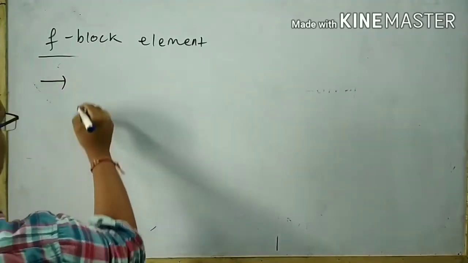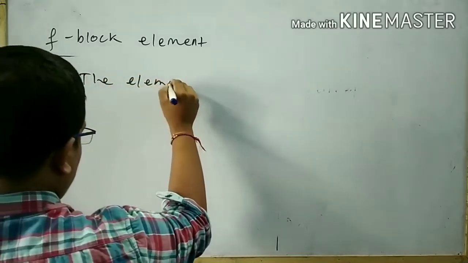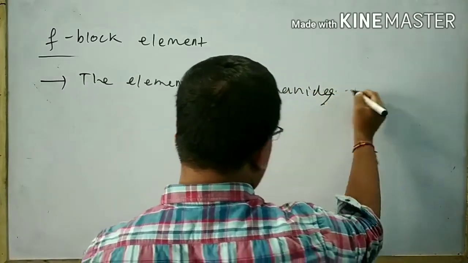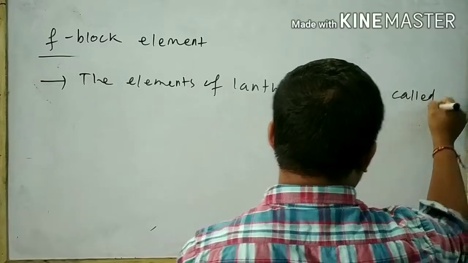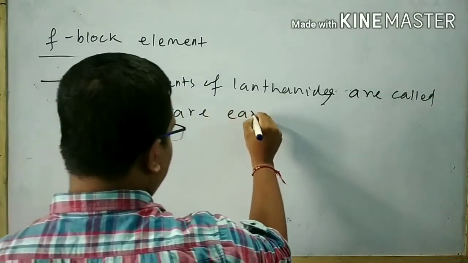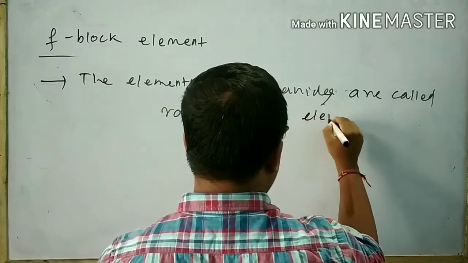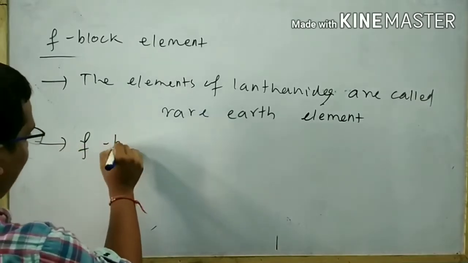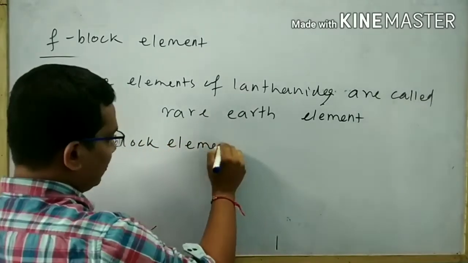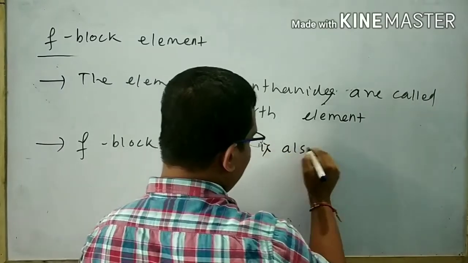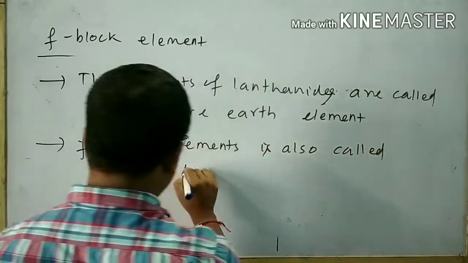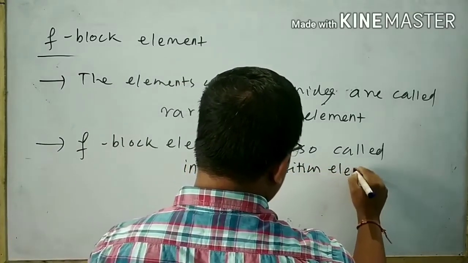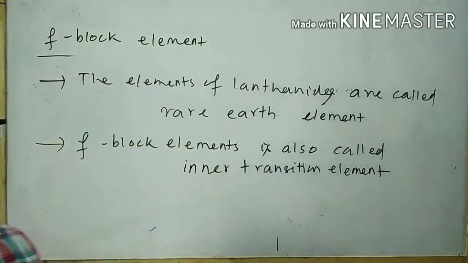We can write a point: the elements of lanthanides are called rare earth elements. F block elements are also called inner transition elements.